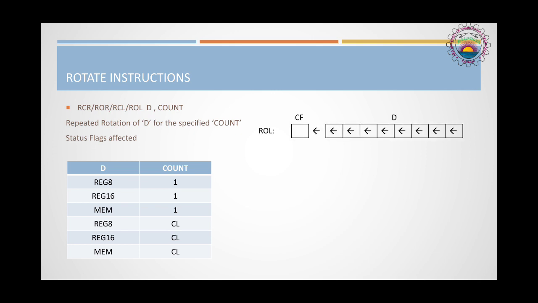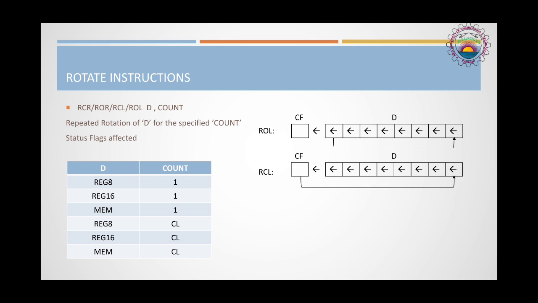Now we are having some examples. The operation of ROL. So in ROL, D will be rotated left without carry flag. Rotate left without carry flag. So MSB of D will be copied into carry flag, and MSB of D will be copied into LSB of D, and the D will be rotated left.